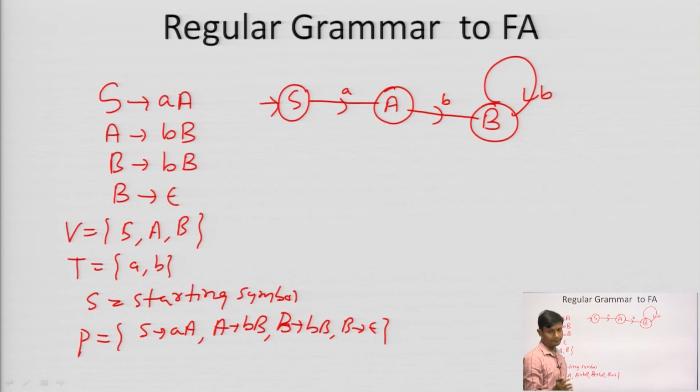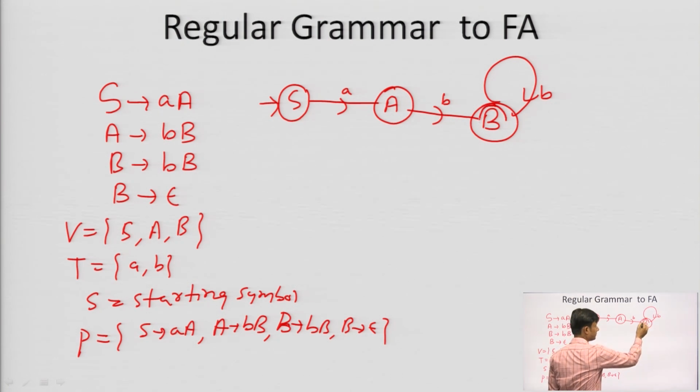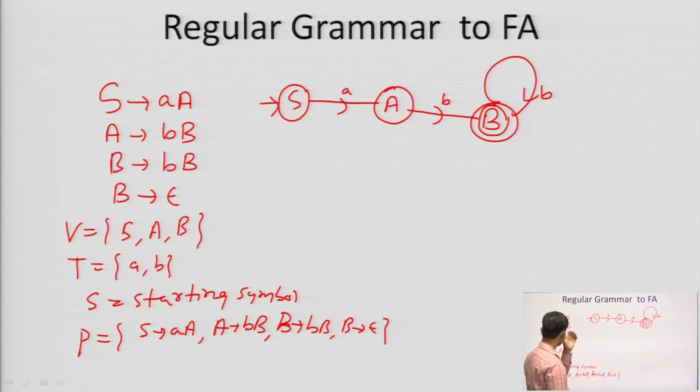If a variable derives epsilon, then make it a final state. So, this is the conversion from regular grammar to finite automata.